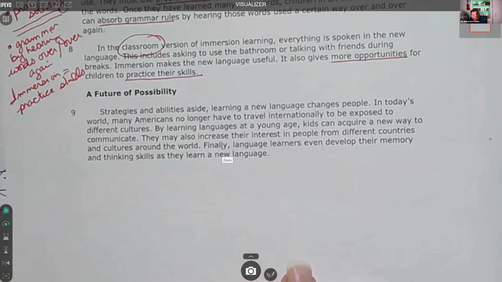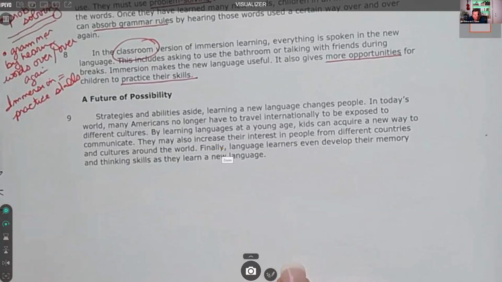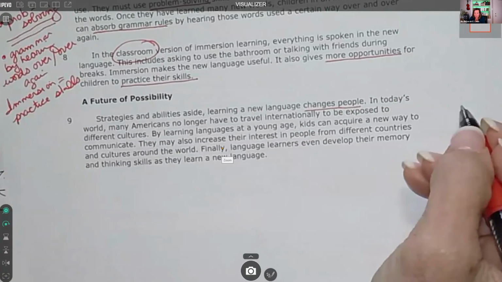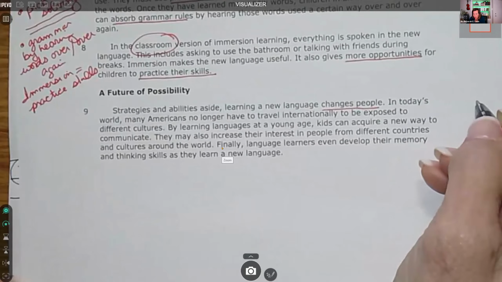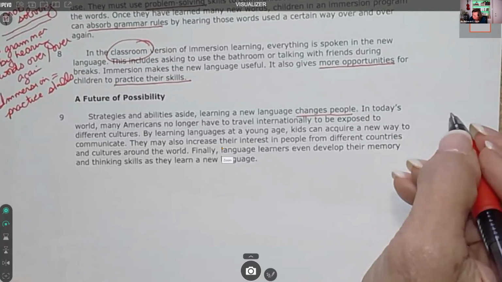Strategies and abilities aside, learning a new language changes people. Okay, let's see how it changes people. In today's world, many Americans no longer have to travel internationally to be exposed to different cultures. By learning languages at a young age, kids can acquire a new way to communicate.